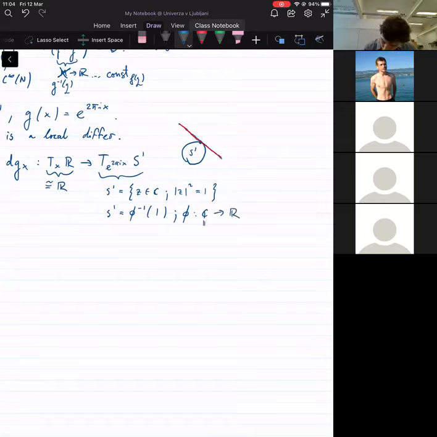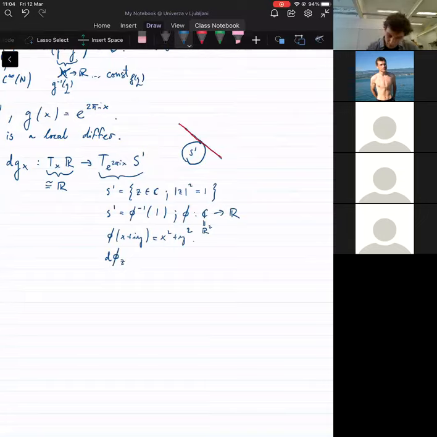Okay, so this is essentially the same as R squared, and now this phi is nothing else but x plus iy is equal to x squared plus y squared, right? So now we are trying to utilize this implicit map theorem to describe S1. So what we do is we take a look at its differential at point z.